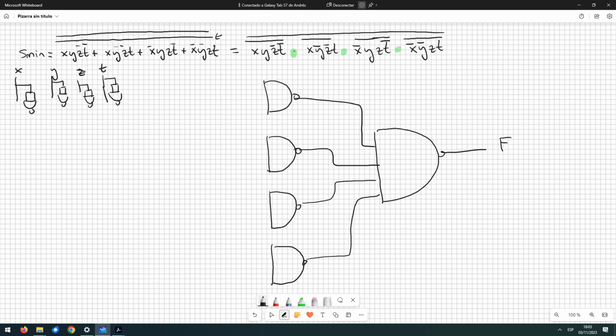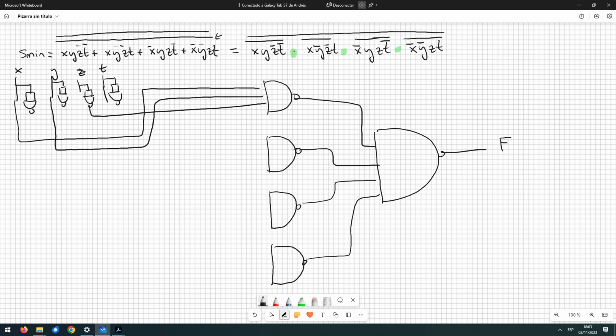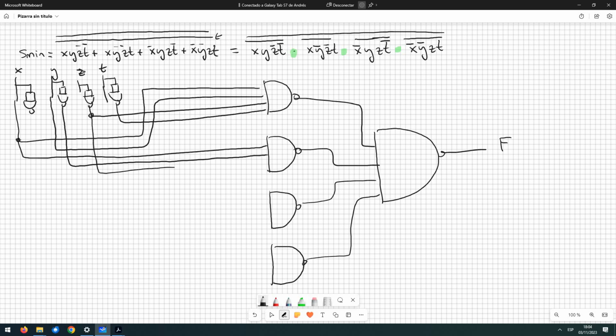So the first is x, y, c negated, t negated. The second is x, y negated, c negated, and t not negated.